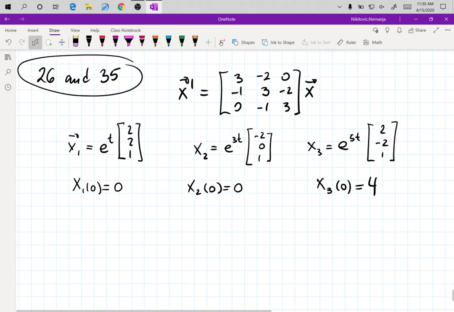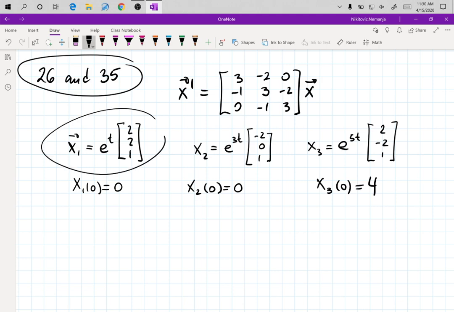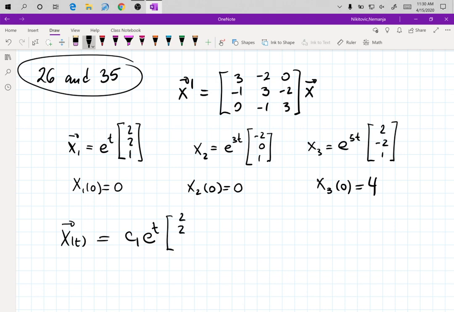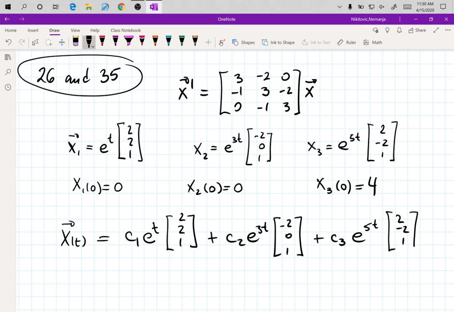So what do I do here? Well, the first thing is to understand what these solutions mean, because you haven't seen ones like that yet. Our x of t will be C1 e to the t times 2, 2, 1, plus C2 e to the 3t times negative 2, 0, and 1, plus C3 e to the 5t times 2, negative 2, 1.